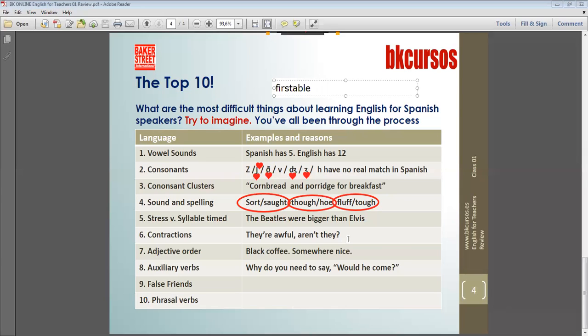What kind of word is somewhere? An adverb? Is it an adverb? It's a noun. Somewhere? It's a pronoun, isn't it? Right.